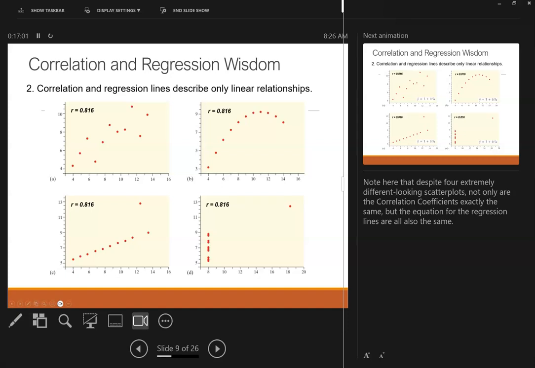Here, it looks like a perfect line, except for this one stupid outlier, which is dragging down your R value, which would probably be 0.99 if you threw this guy out. And over here, there's no linear relationship. It's like straight vertical. But if I throw one big enough outlier in, it looks like, oh, there's a linear relationship kind of going right through there.